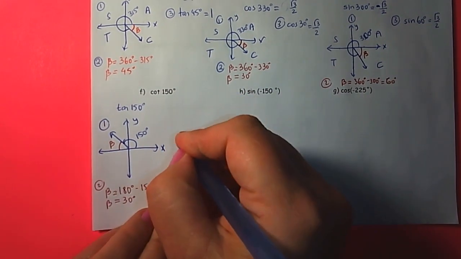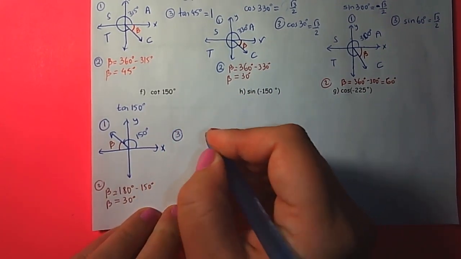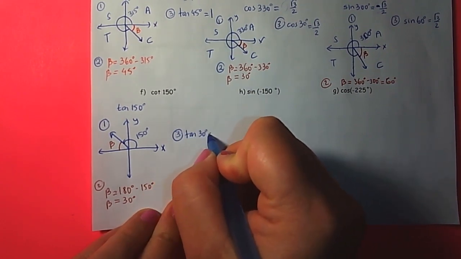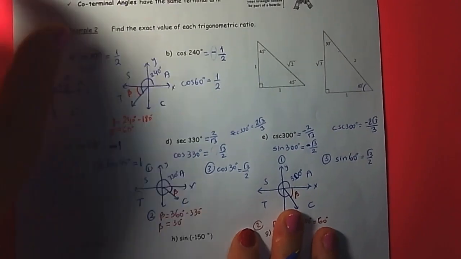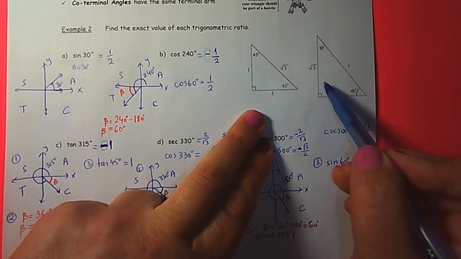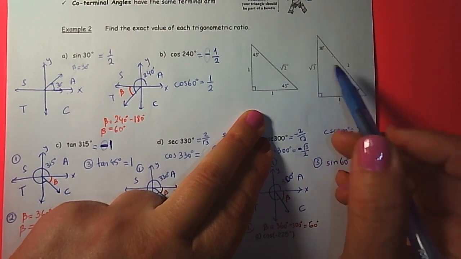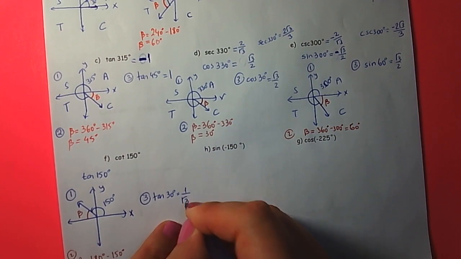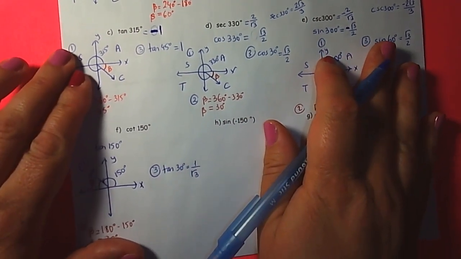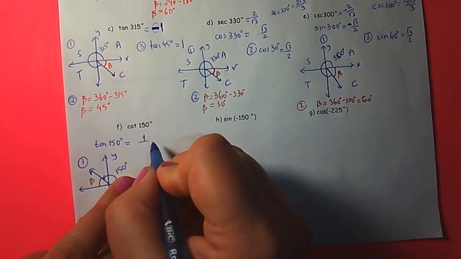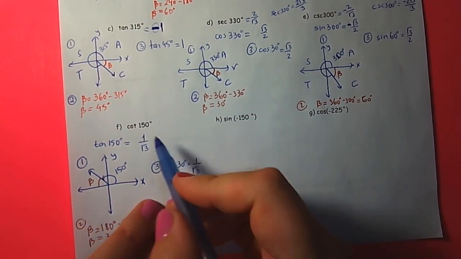Step 3, find the trig ratios for the related acute angle. So tangent 30. We can use a special triangle here. Tangent 30 is opposite over adjacent, 1 over root 3. So tangent 150, we know that we'll have a numerical value of 1 over root 3.